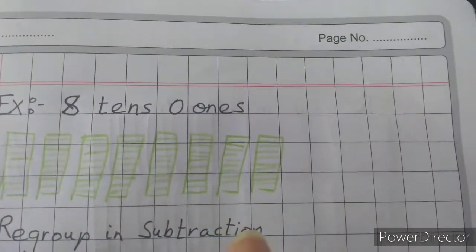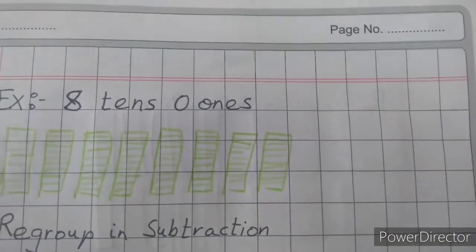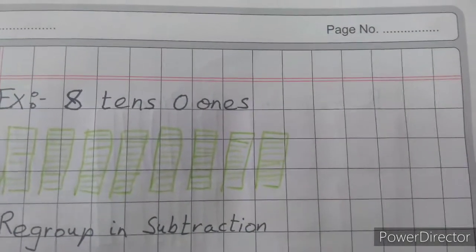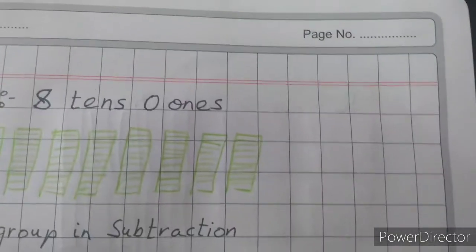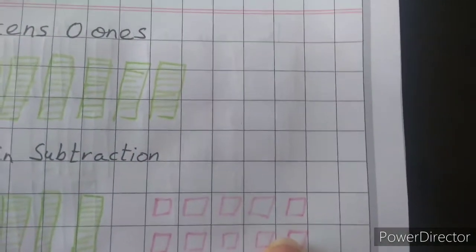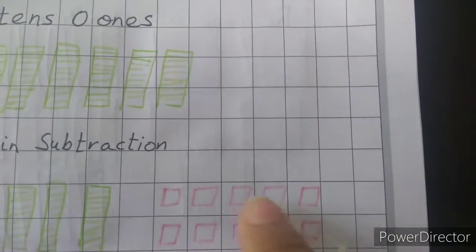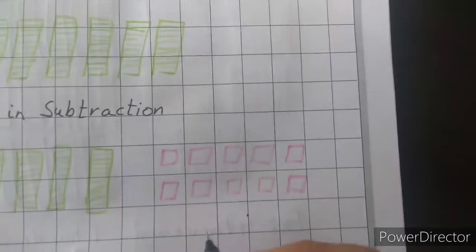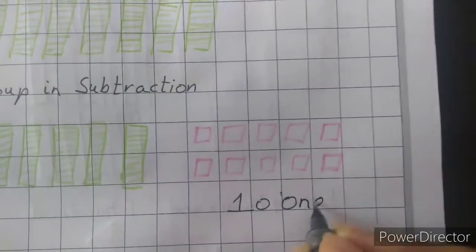So the tens will lend 1 ten to ones. So this becomes 10 ones, because 1 ten is equal to 10 ones: 1, 2, 3, 4, 5, 6, 7, 8, 9, 10. So we will write here 10 ones.